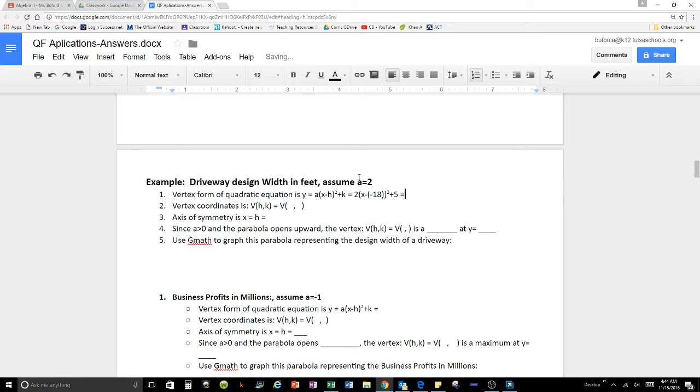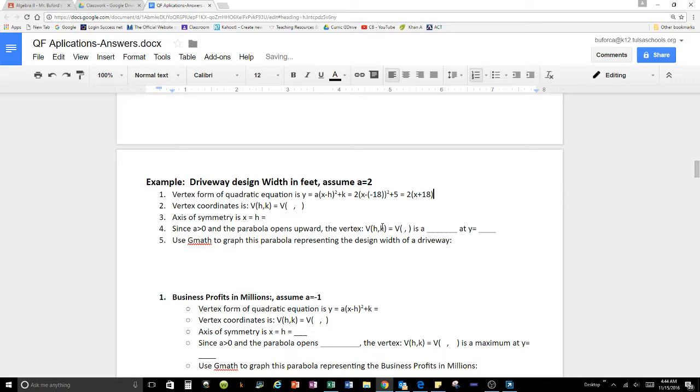And we see we have x minus h, but h is a negative 18, so that negative and that negative is going to make that a positive. So we're going to rewrite that as 2 times x plus 18.